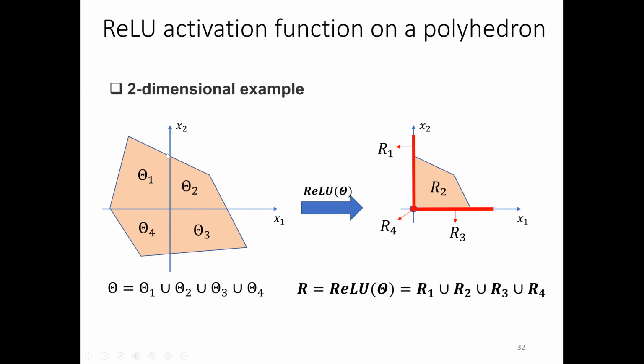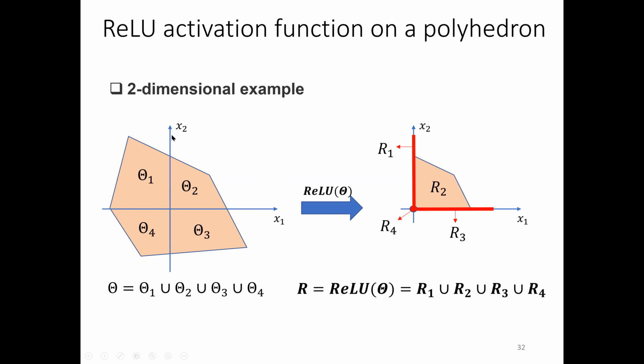So here, if you project theta 2 on x2, the maximum point is here, right? If you project theta 1 on x2, if this maximum point is smaller than this maximum point, then you're gonna have R1 as a subset of R2. Okay, I understand. That makes perfect sense.